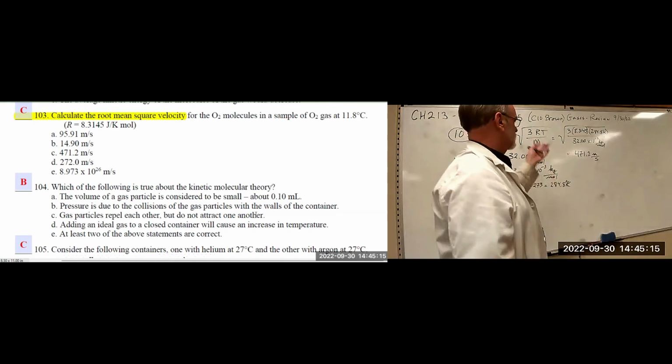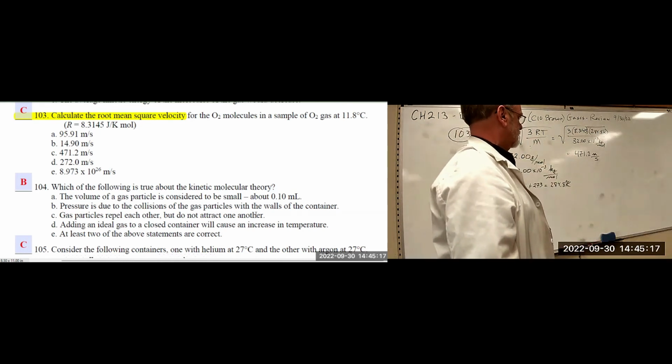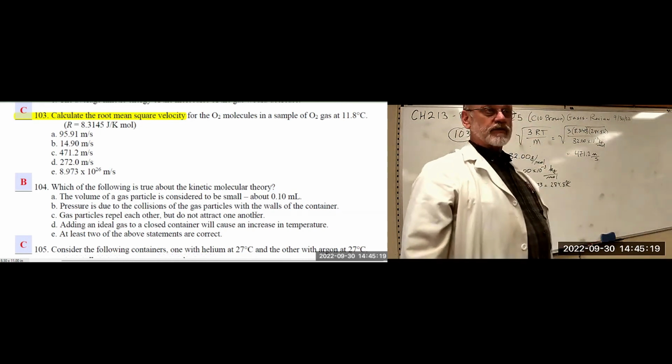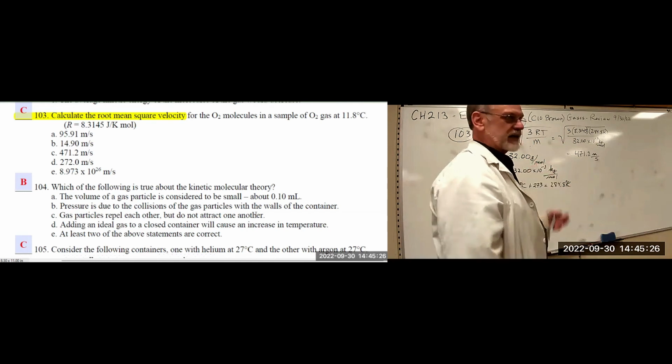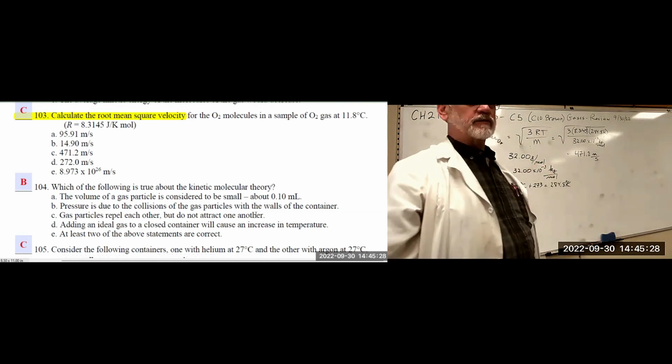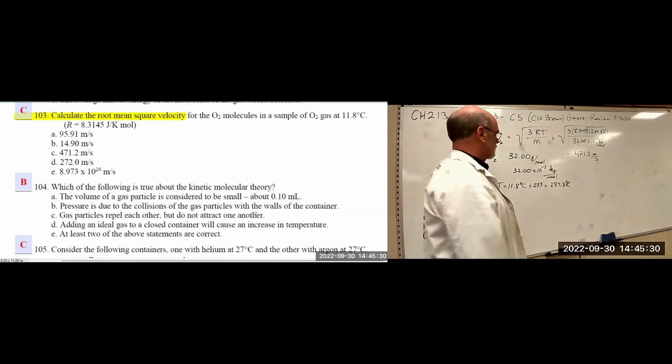Now what good is that? Well, we can use that velocity and the mass of a molecule to determine the average kinetic energy of each molecule, if we want.